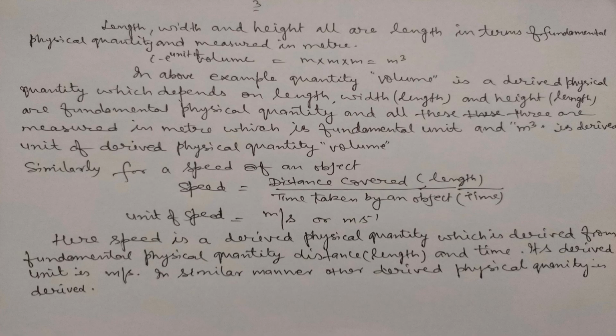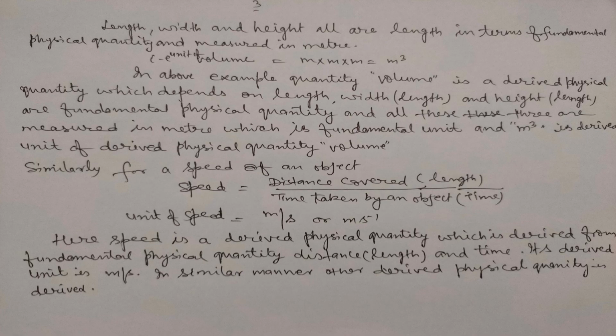These are the quantities which can be termed as the physical quantity length, and these are measured in meter. If we see the unit of the volume, it is meter times meter times meter, equal to meter cube, because the volume is equal to length times width times height. Length, width, and height are all measured in meter.